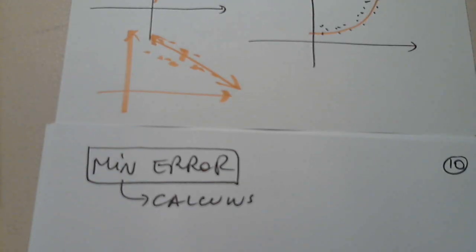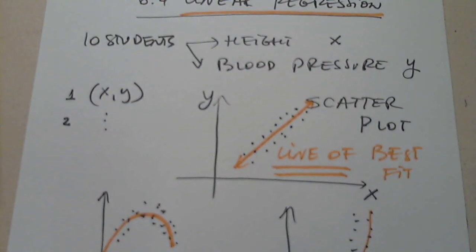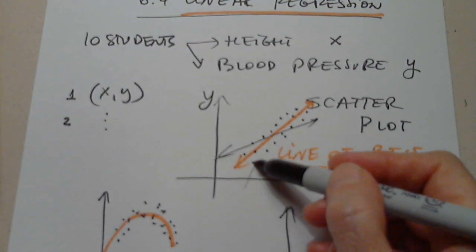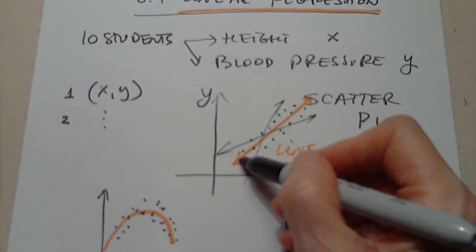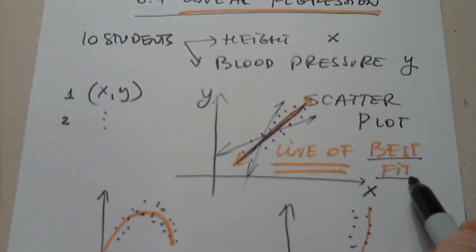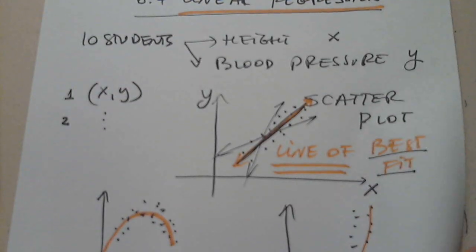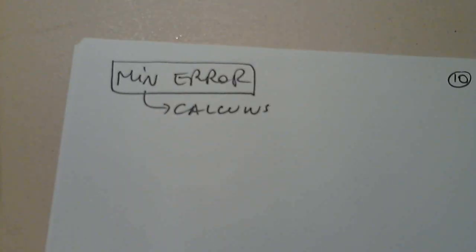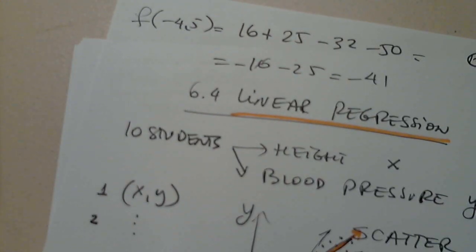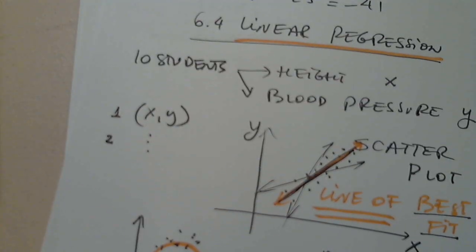Okay? So in my example, you could say, well, you can fit this line. Or you can fit this line. But this one is the best. The best fit, the minimum error. And the calculator will determine for us the line of best fit. Here's how.